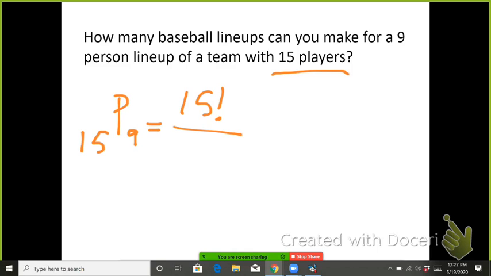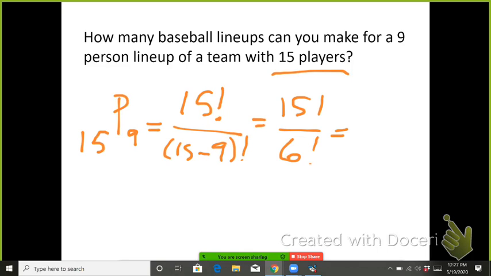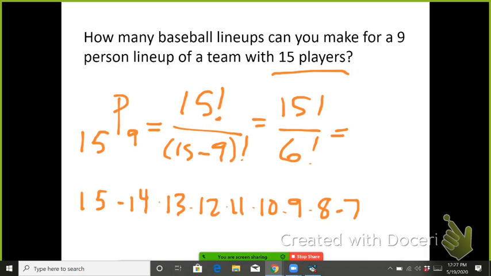15 factorial over 15 minus 9 factorial. You have to do the minus part first because it's in parentheses. So that would be 15 factorial over 6 factorial, which if you expand everything out and cancel out, would look like this. This part would simplify to that if you expanded it out.